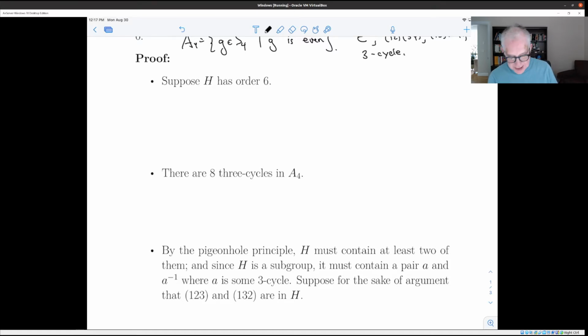Well, how do you make a 3-cycle? To make a 3-cycle, you first pick 3 of the 4 elements, 1, 2, 3, 4, and there are 4 choose 3, or 4, ways to do that.